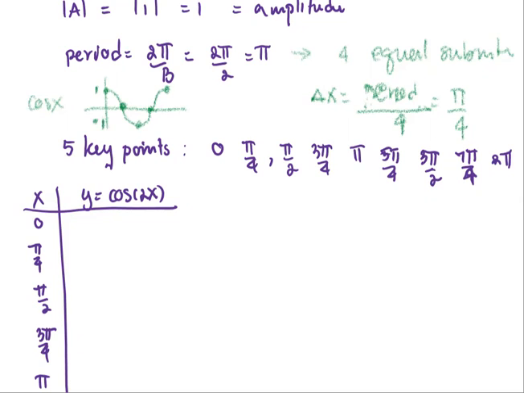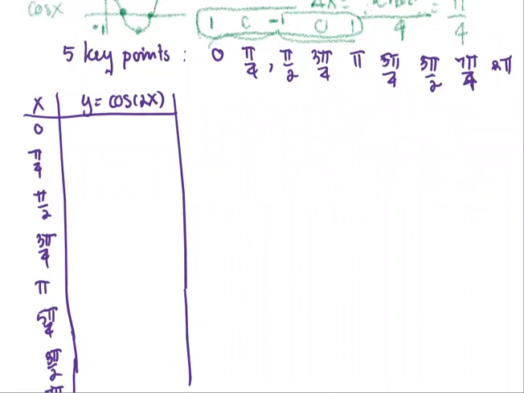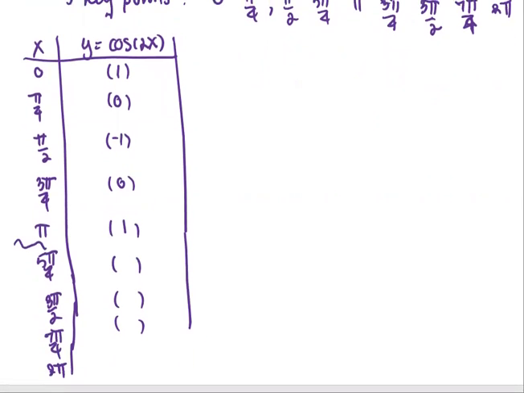So that means in one cycle, we have the pattern of 1, 0, -1, 0, and +1 as 5 key values. In the table here, starting at 0, we put in the values from the list of the 5 key points, and then repeat the same pattern for the second cycle. So it's going to be 1, 0, -1, 0, 1. That's one cycle. And then the next cycle starts again: 1, 0, -1, 0, and the last is 1.